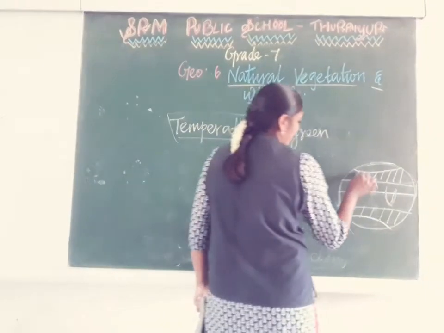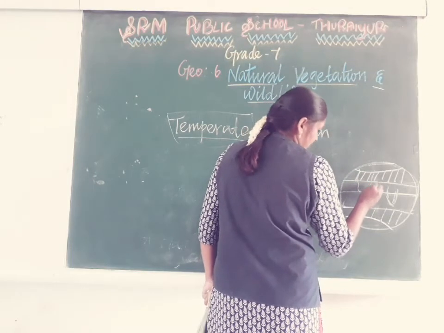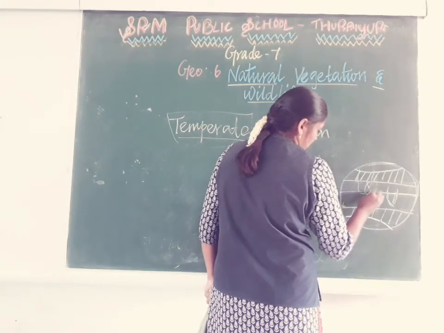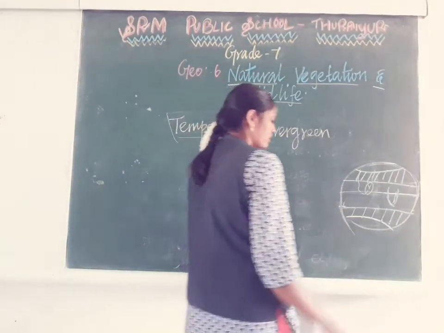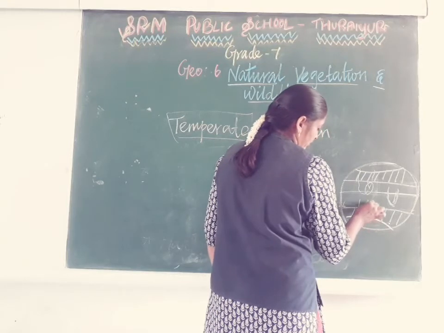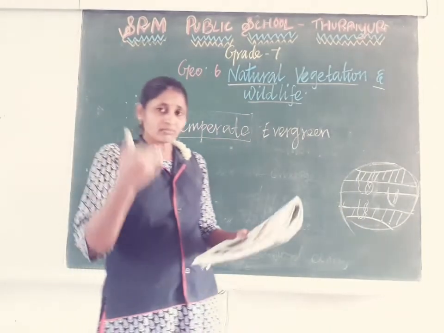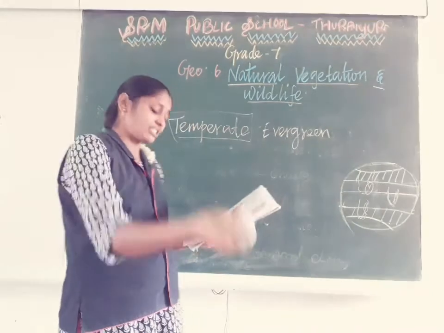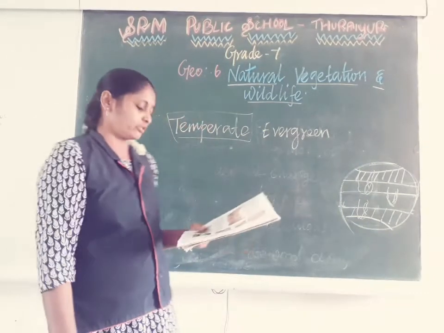Here we have USA. This is south and this side is east. Southeast USA, and then South China, southeast Brazil. This is South Africa, South America. Here we have Brazil. So in the south and east direction you can see this forest, temperate evergreen forest.